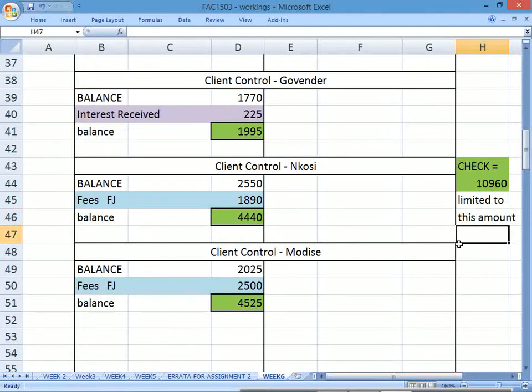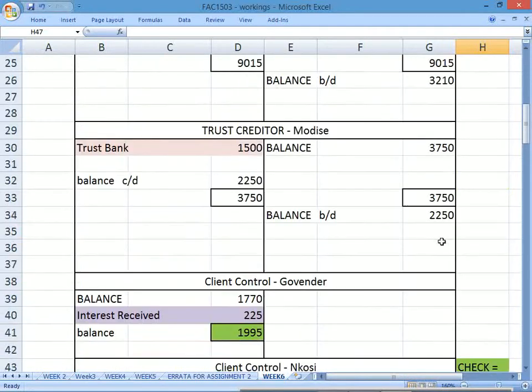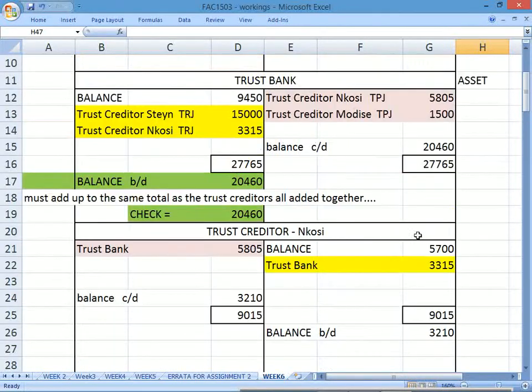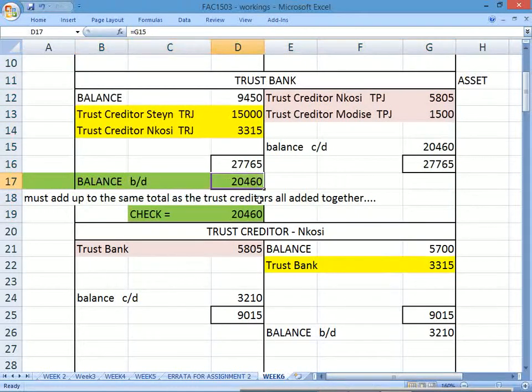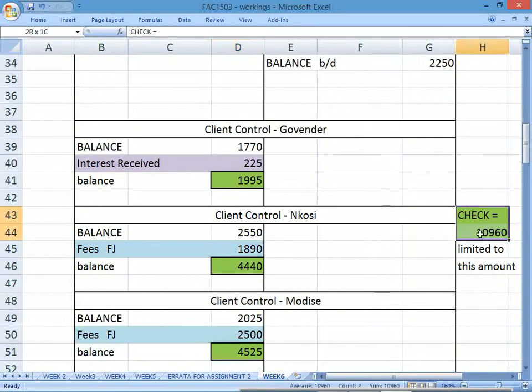Do the clients have more in their accounts? Yes. If you look at the trust bank account, how much money is sitting in it? 20,460. Can you transfer all of that to your business bank account? No, because you're limited by how much the clients actually have to pay you.